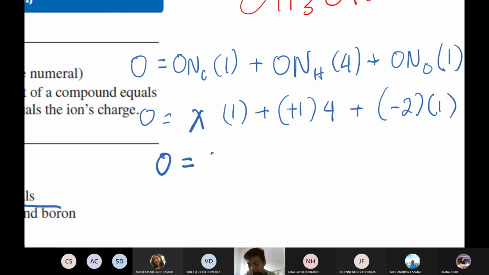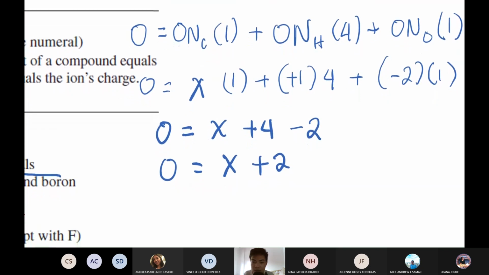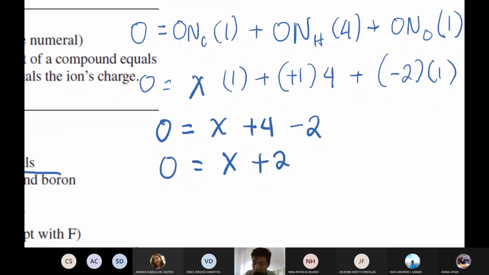simplify natin equation. So, X times 1 is X. Positive 1 times 4 is 4. Negative 2 times 1 is negative 2. Okay, we can further simplify this. Plus 4 minus 2 is positive 2.